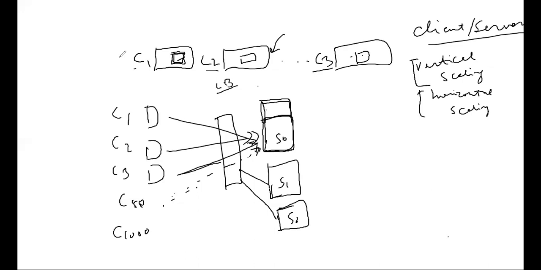And can the load balancer decide where to send the request based on the type of request? Yes, that's a very good question. So let's cover everything. Please bug me if I forget about it. But let's go in this scenario. We'll talk about it.